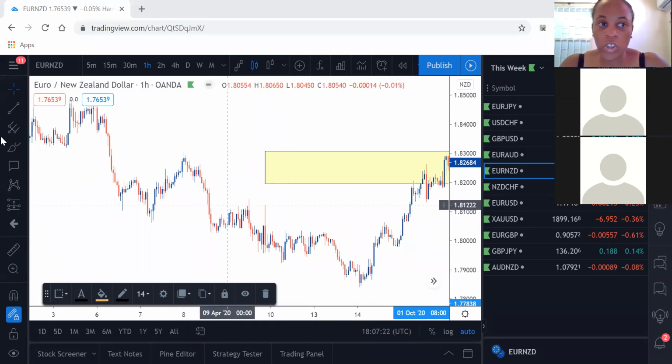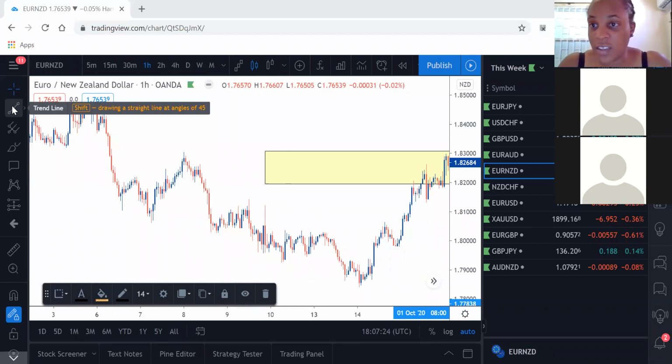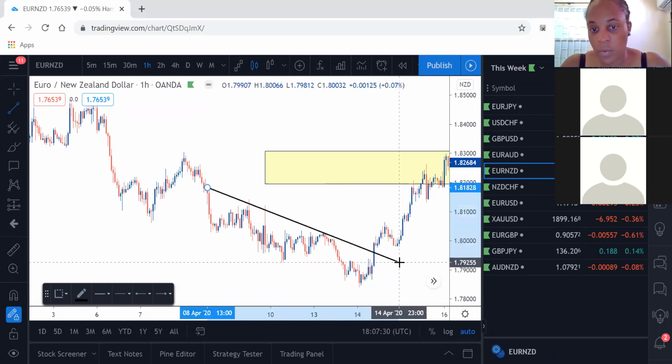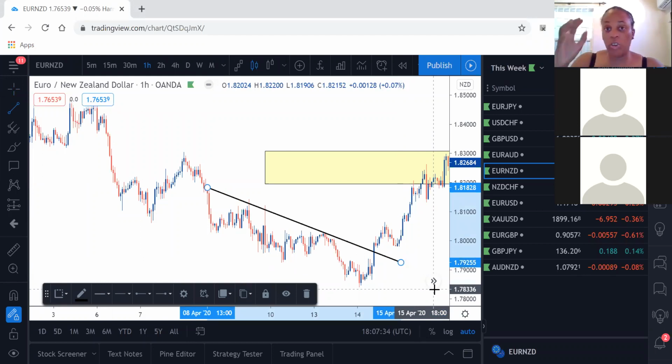Now remember I told you the cheat sheet to channels is using a trend line first. So just use a trend line and see if it will make sense, right? Now, with the trend line, what you're looking for is waves. So to draw the channel, you need to be able to identify waves, whether it's in a downtrend or an uptrend.